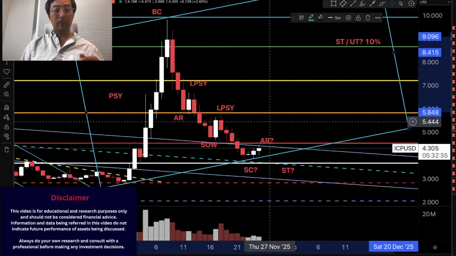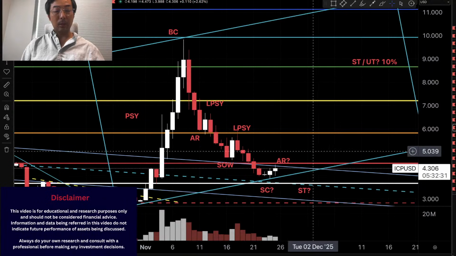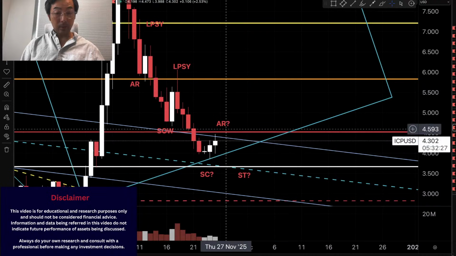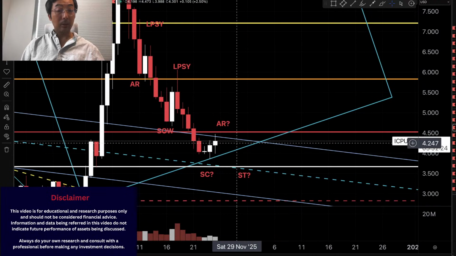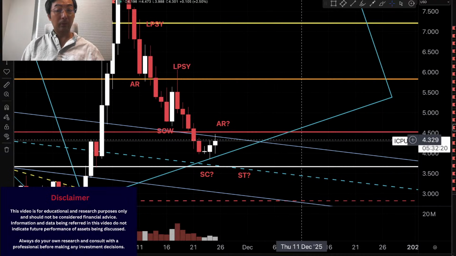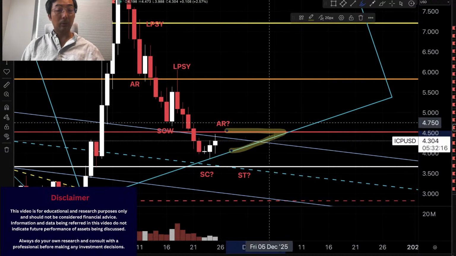I'm trying to make it as tight as possible with these 3 reference points. If the price continues to trade within the next few days between this bottom edge and the red key level of 4.52, it will eventually get to near the tip of the triangle.